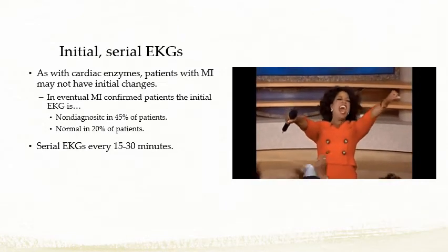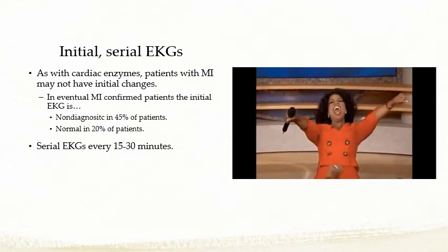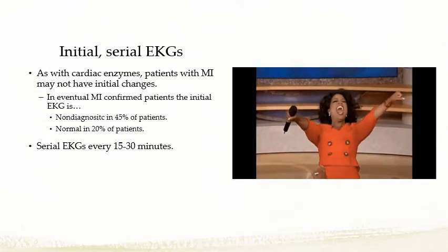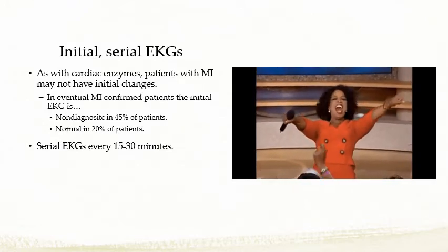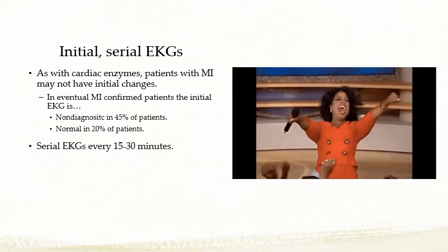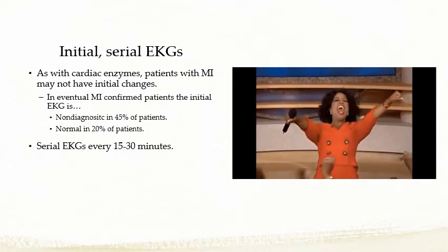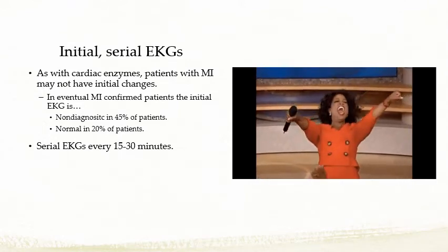I've already briefly talked about a patient being negative for troponins. Like we said before, troponins don't really become positive until 3 to 6 hours after the insult starts. The same thing with EKGs, they may be negative too. So basically what it says here, in eventual MIs confirmed patients, the initial EKG is non-diagnostic in almost half of the patients, right?